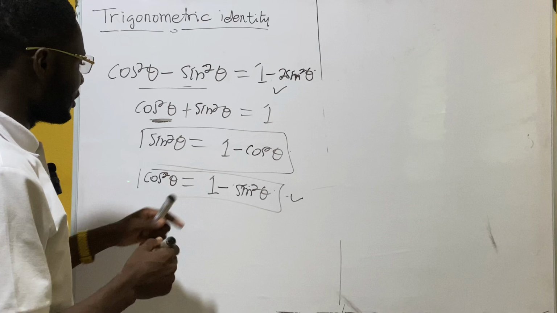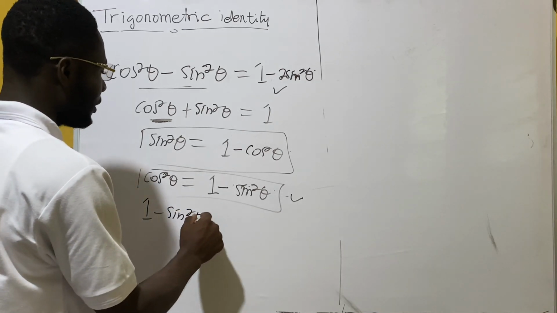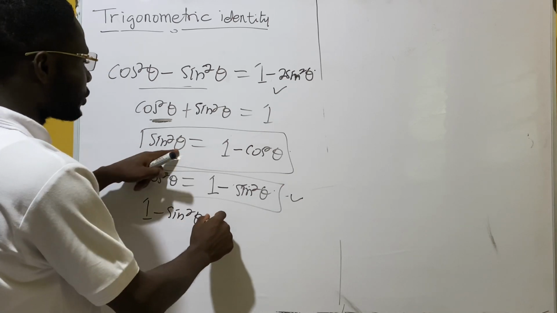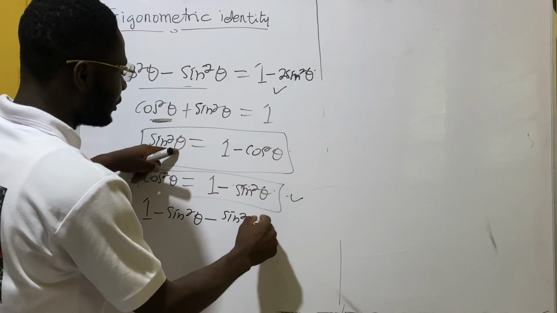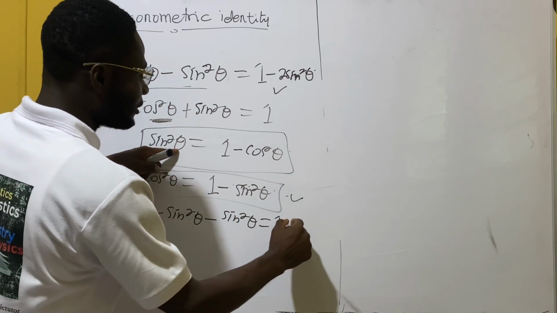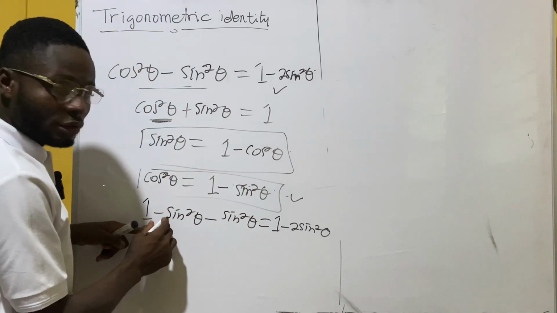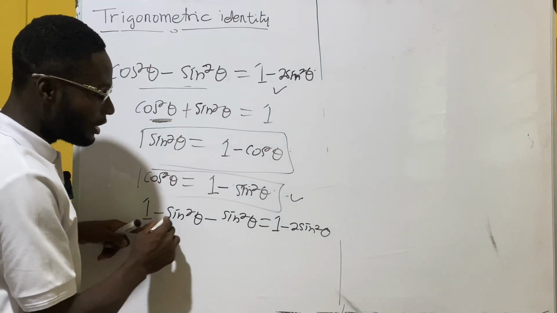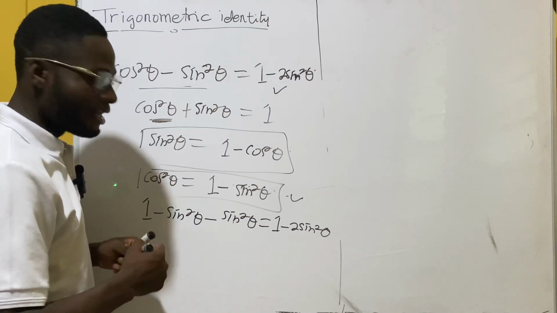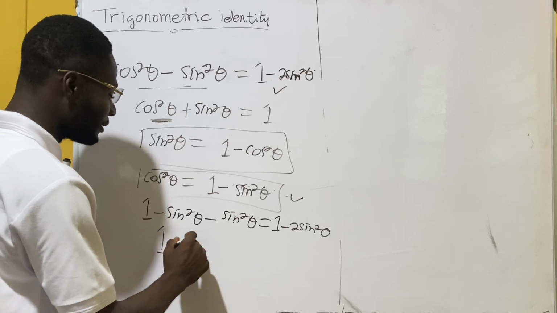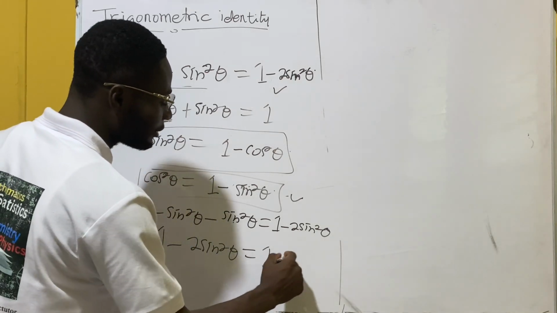So cos squared theta is 1 minus sine squared theta, minus sine squared theta, and that should give us 1 minus 2 sine squared theta, because we have minus sine squared theta minus sine squared theta, which becomes negative 2 sine squared theta. So we have 1 minus 2 sine squared theta, and that is equal to that.